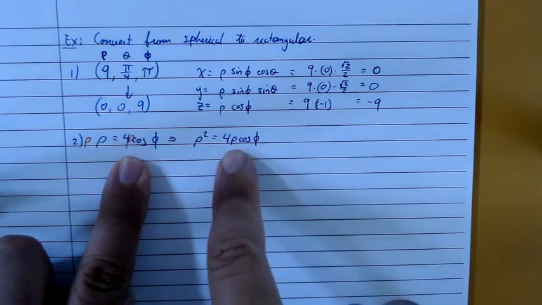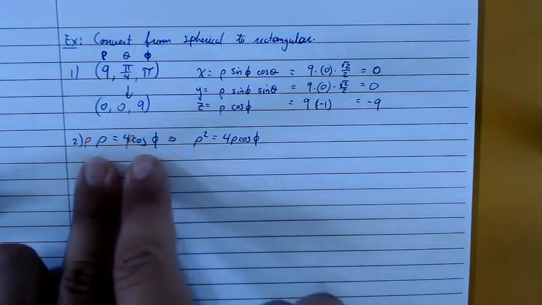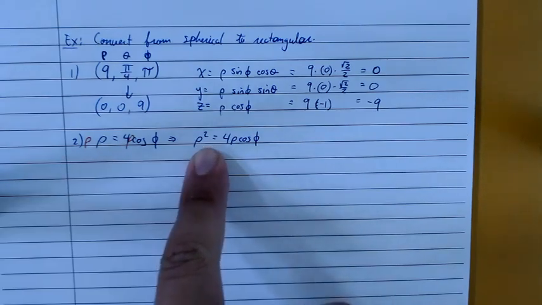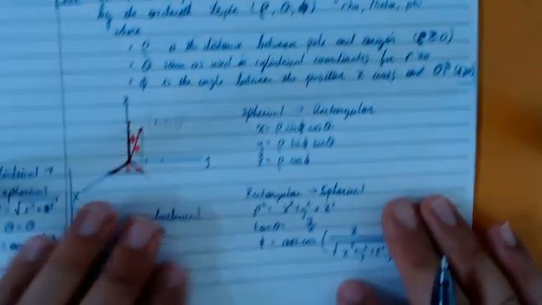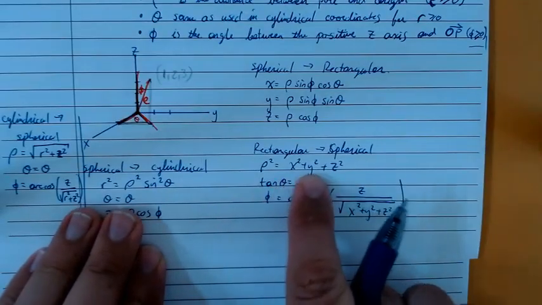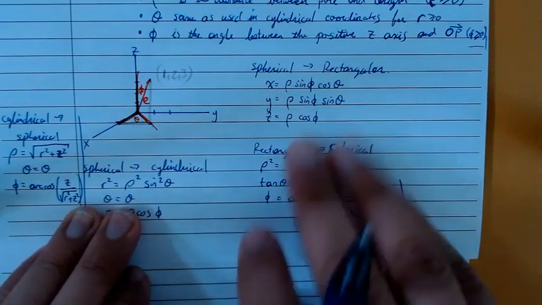Oh, but rho cosine of phi, that's just z, isn't it? And then rho squared, we saw that a moment ago, didn't we? Rho squared is the sum of the squares of all 3 rectangular variables, x squared, y squared, and z squared.